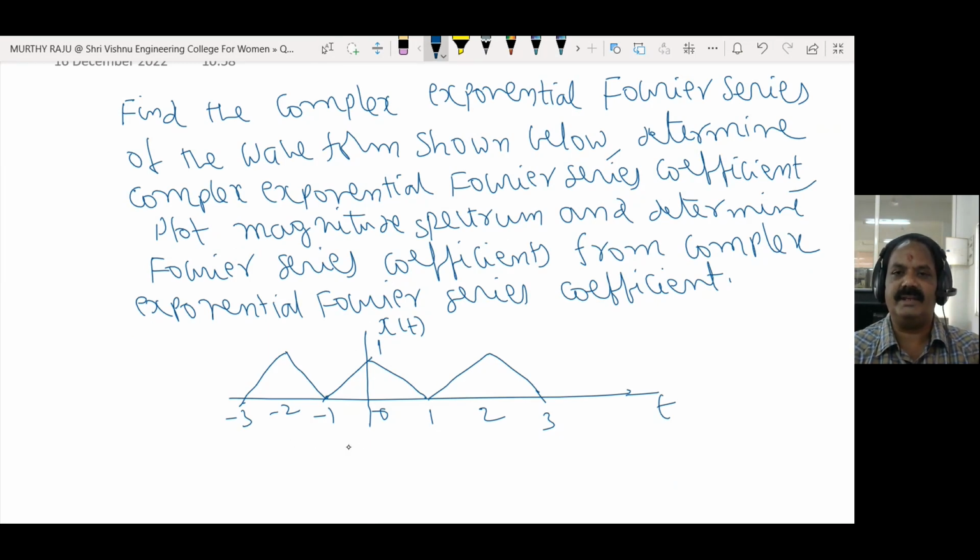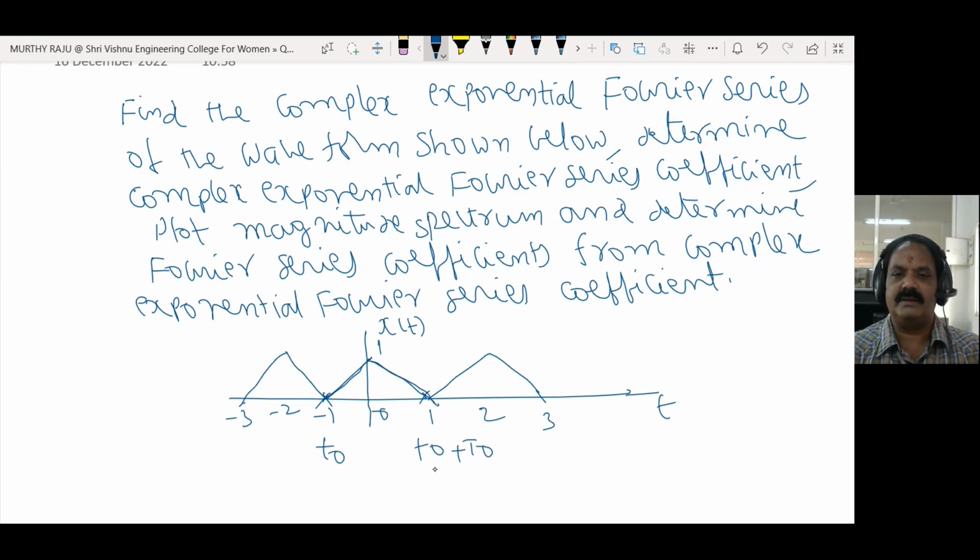Here, first find out the time period of the waveform. The time period of the waveform is here. This one is t naught, this one is t naught plus T. Consider one cycle of that periodic waveform.